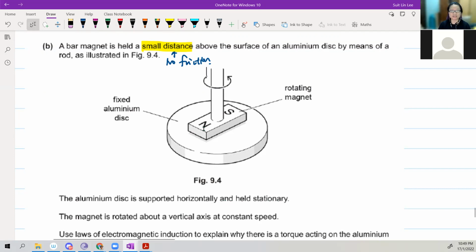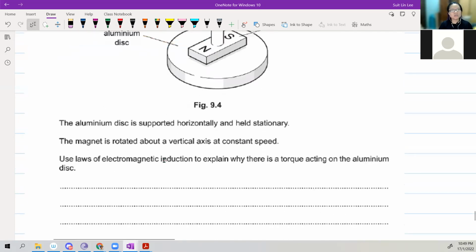The magnet is rotated about the axis at constant speed. Relatively, there's rotation, because the disc is fixed and not rotating. Using laws of electromagnetic induction, which is your Faraday and Lenz, explain why there is a torque acting on the aluminium disc.